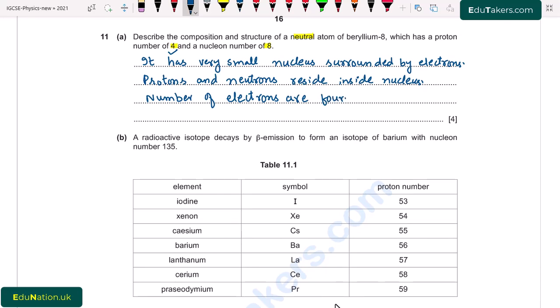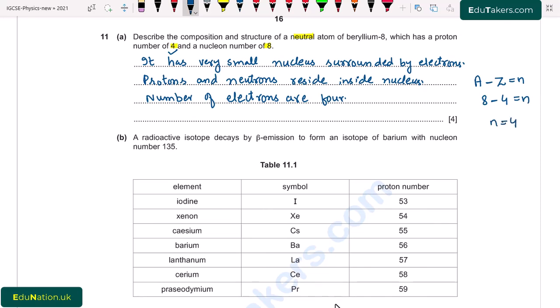Now we calculate the number of neutrons and it will be equal to the nucleon number, that is represented by A, minus the number of protons or atomic number. Here it is given that the nucleon number is 8 minus the proton number 4, and it is equal to N, that is the number of neutrons. So N will be equal to 4.